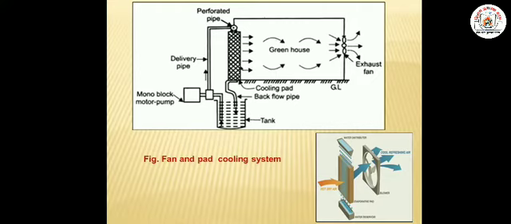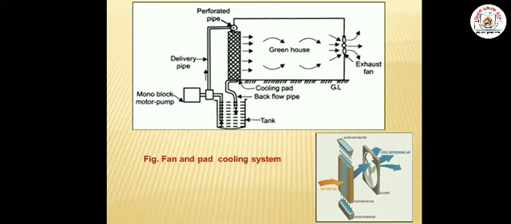Here such a cooling pad is generally provided of cellulose paper having honeycomb-like structure. The height of the cooling pad is 1 meter for a cooling pad to fan distance of 20 meters. For every 20-meter distance, the height of the cooling pad must be 1 meter minimum.